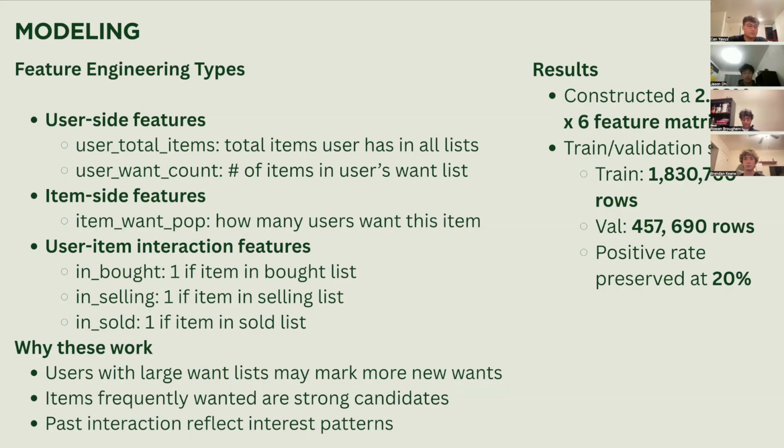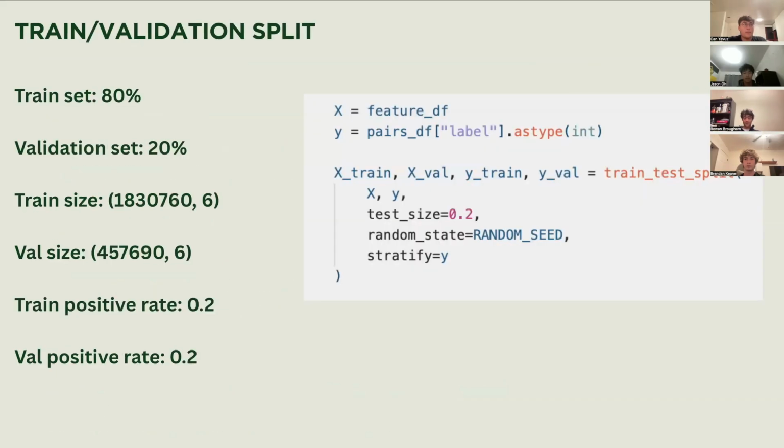Moving on, we have the train and validation split over here, and we use the 80-20 stratified split. And I also included the code so you can take a look at that. Why this matters is if this distribution wasn't preserved, the model's validation performance could look artificially better or worse.